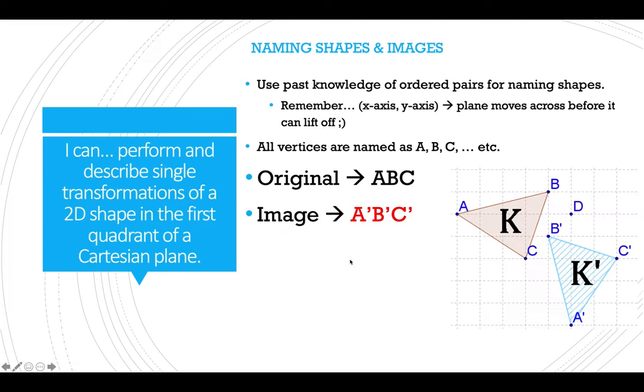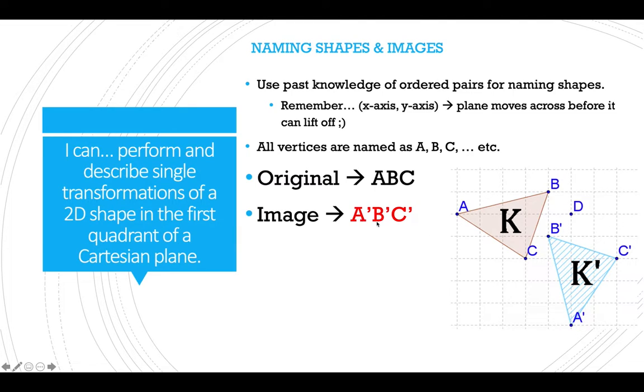So the image, this is super important. The image is called A, and then you notice there's a little dash up here. It kind of looks like an apostrophe. It's actually called prime. That's the math term for this. So this is called A prime, B prime, C prime.